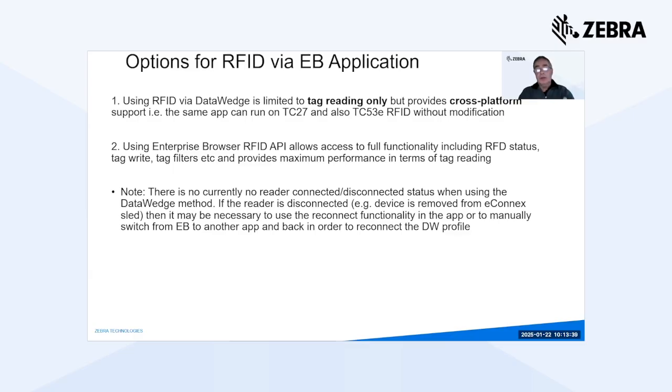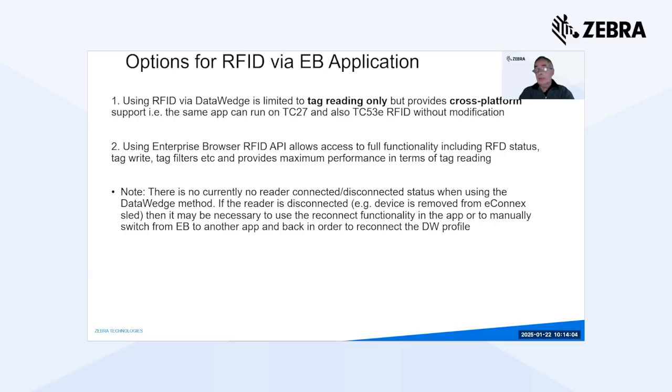So that's option one. Option two is that we can use the full Enterprise Browser RFID API, which gives you some additional functionality that you don't have with DataWedge. Probably the most important ones being the ability to check the connected, disconnected status of the RFID reader. We can also do tag write, which we can't do with DataWedge.